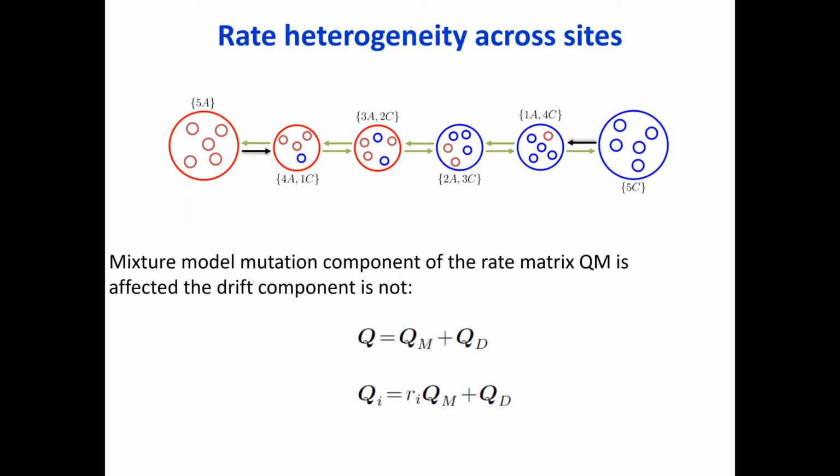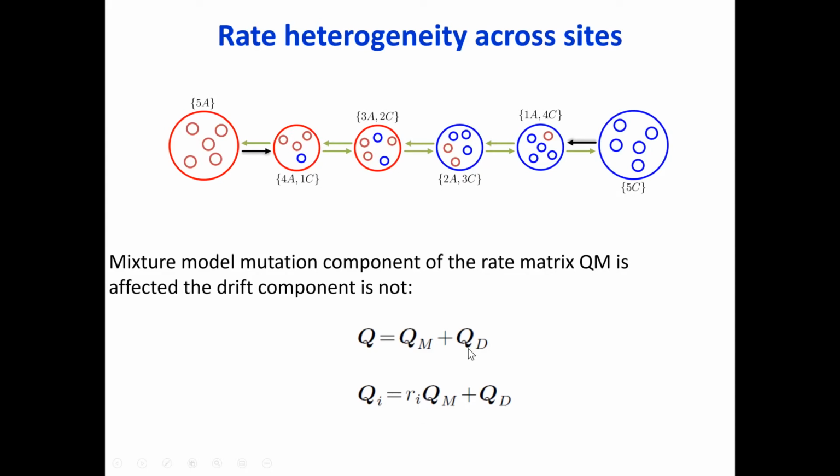One thing which is very popular in phylogenetics is to account for rate heterogeneity across sites. POMO models can do this, but you have to think a little bit harder and break down the instantaneous rate matrix of the POMO model into a mutational process and the drift process, because the rate heterogeneity would affect the mutation rates.